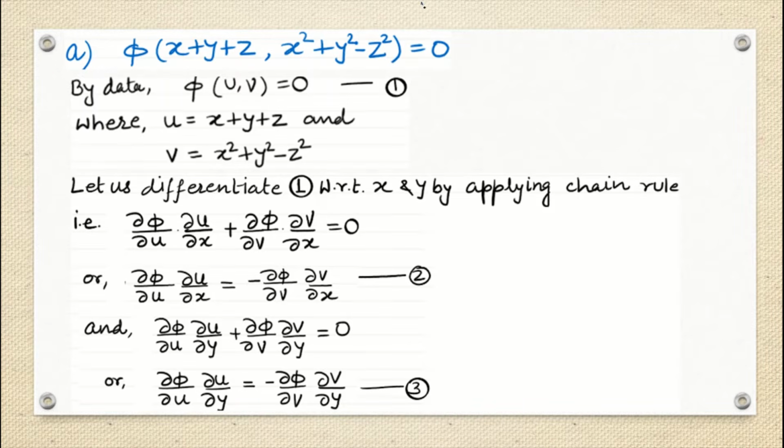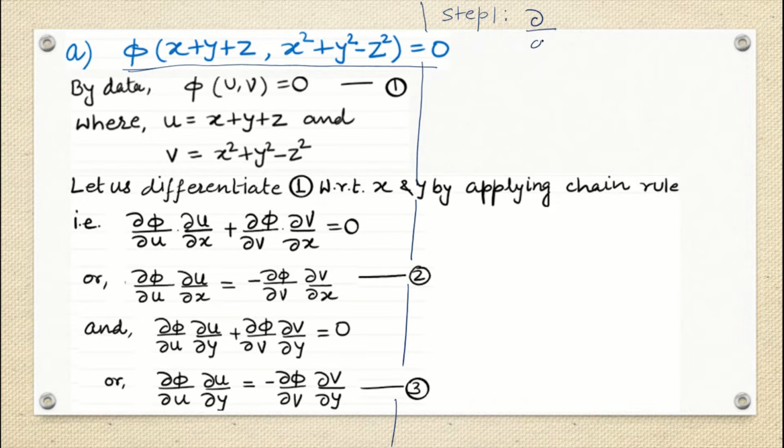In this method also we are going to follow the same two steps. If you remember, step number 1 was what? In our previous classes we had seen that we had to find the partial derivative with respect to x and with respect to y of the given equation. So step number 1 is: I have to find the partial derivative with respect to x of my left hand side and my right hand side.